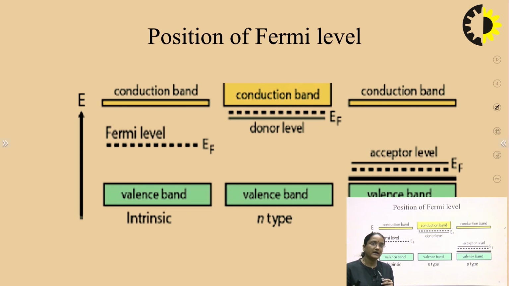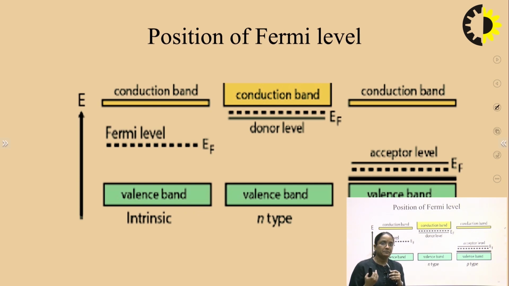So further defining the position of Fermi level in n type, the Fermi level EF will be close to the conduction band and it lies between the donor level and the conduction band edge, that is EC.